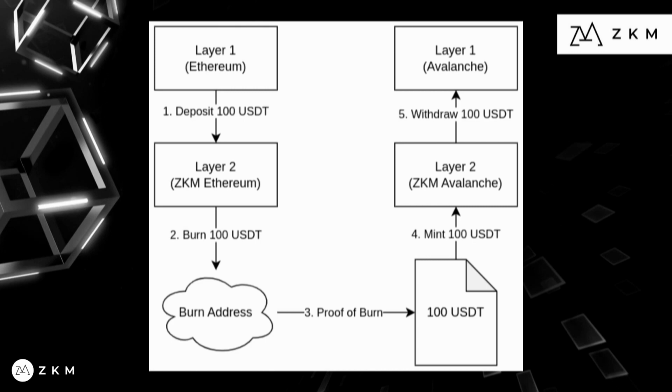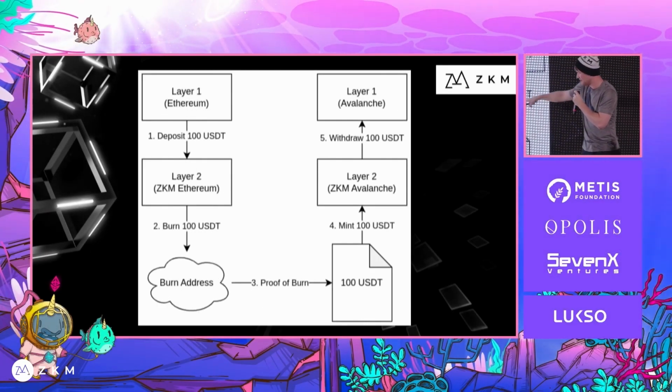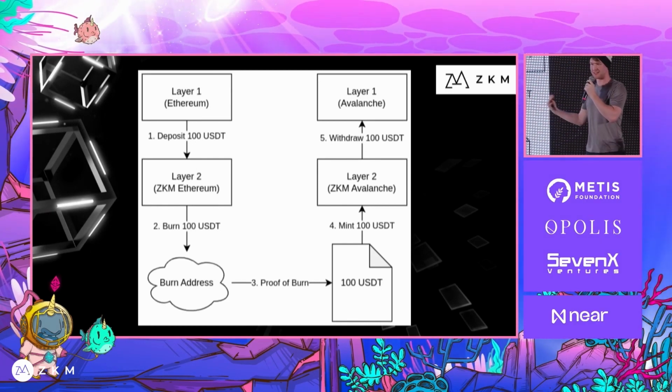In this case, we burn the USDT and then we generate, let's say, a receipt. This receipt can then be used to mint an amount of assets on that native L2. So in this way, the communication is done via this burn address model, via ZK proofs entirely.